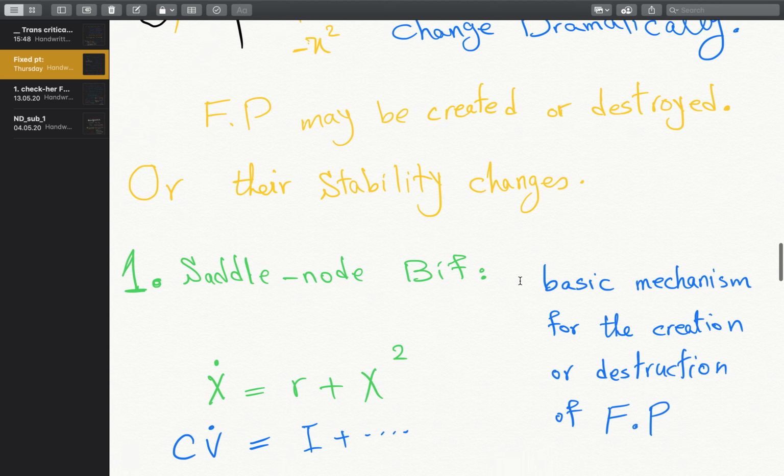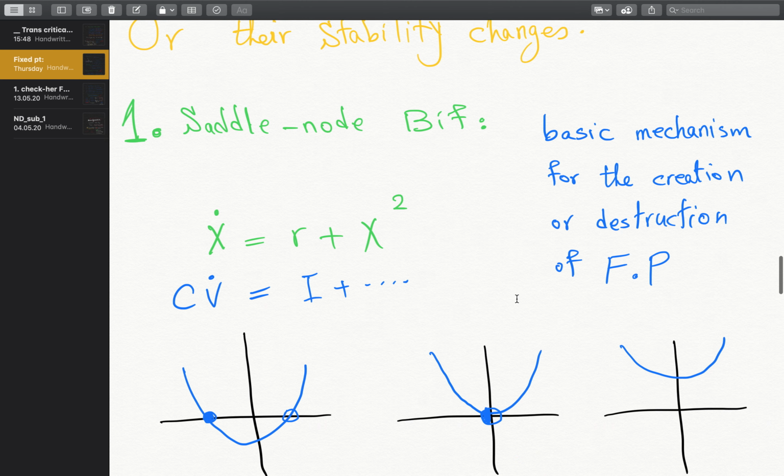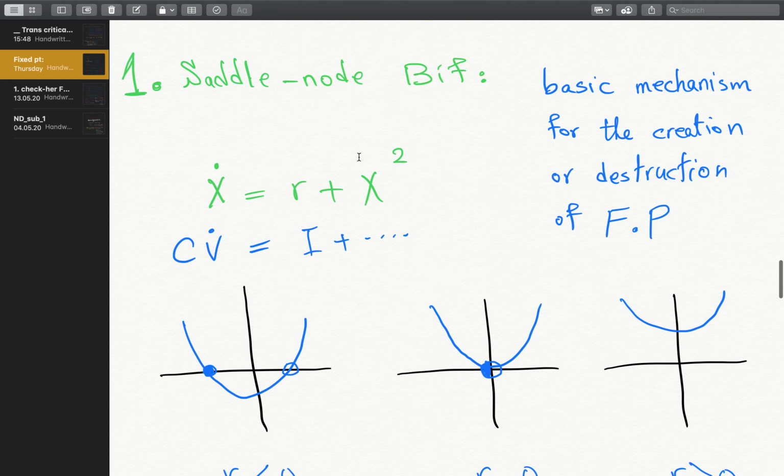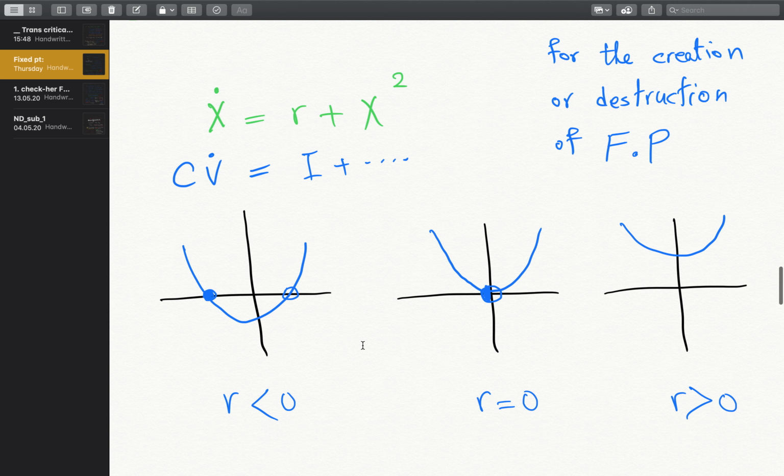For the first one, we talked about saddle node bifurcation, which has a normal form like x dot equals r plus x squared. If r is negative, if you draw this graph, you see that it crosses x dot equal to 0 two times.